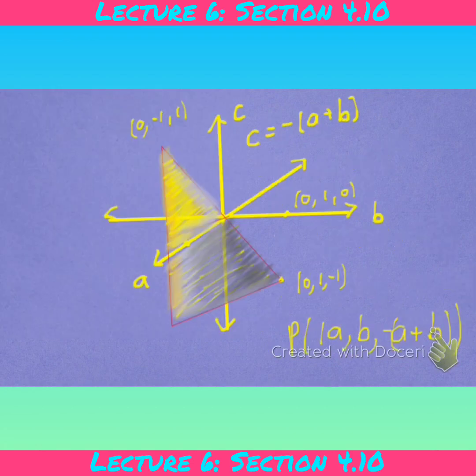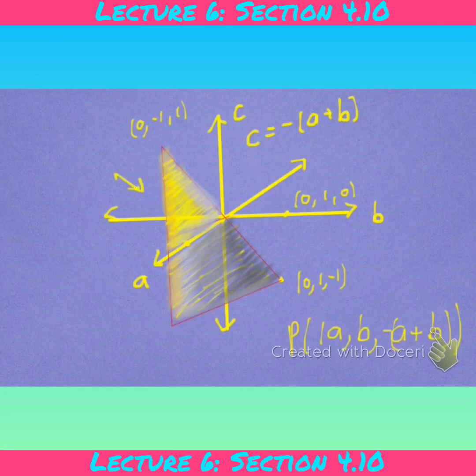So if we go to 3-space, you're looking at all points P where you construct the third component by adding the first two and multiplying by minus 1. So that's essentially the plane. If we look at a CAB axis, we're looking at the plane C equals negative A plus B, right?